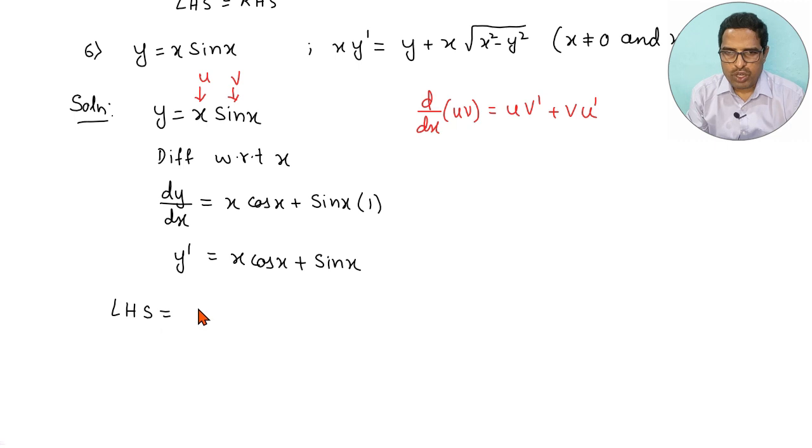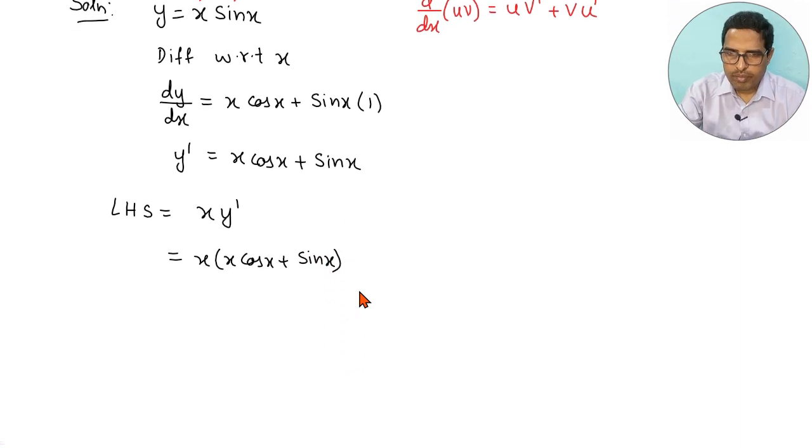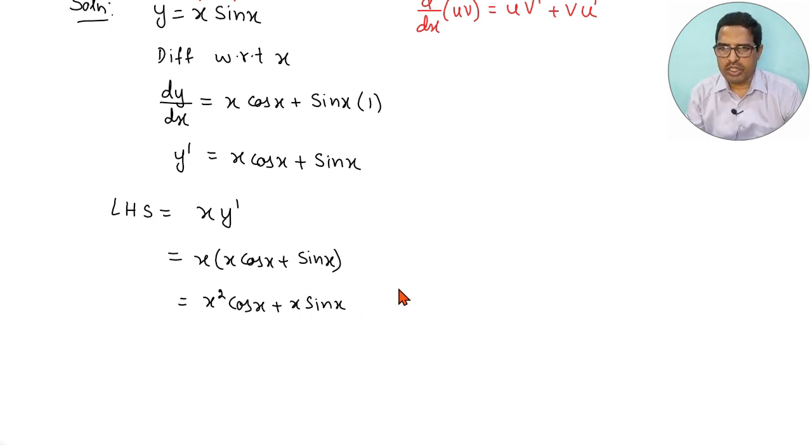LHS value is xy dash, which is nothing but x into y dash, which is x into x cos of x plus sine of x. Multiply this x inside: x into x will become x square cos of x, plus x sine of x. So left hand side has been obtained.